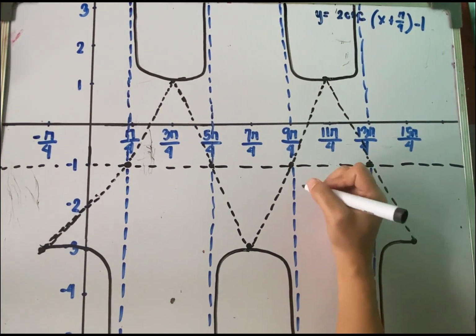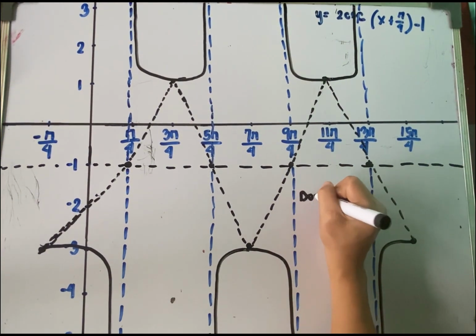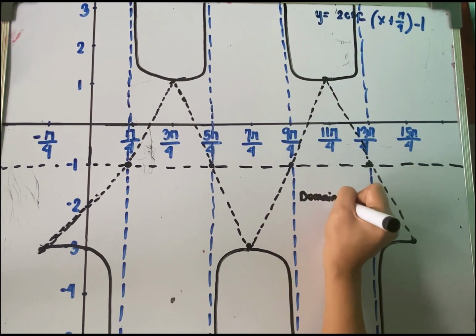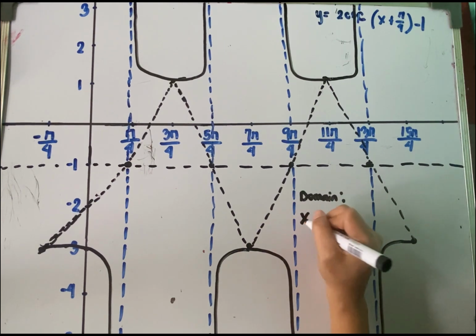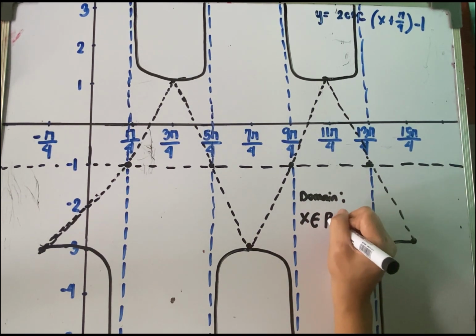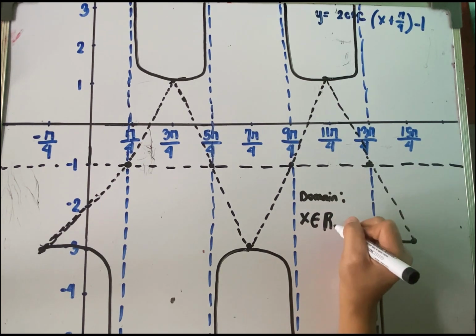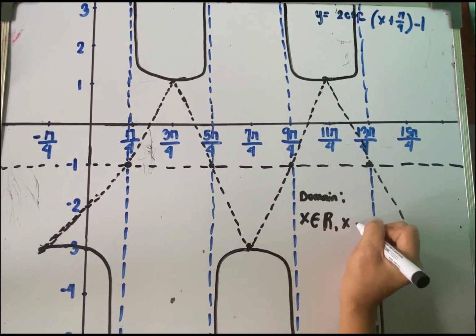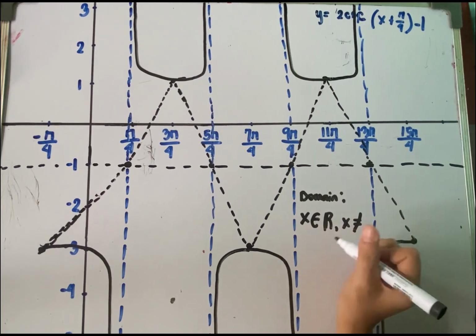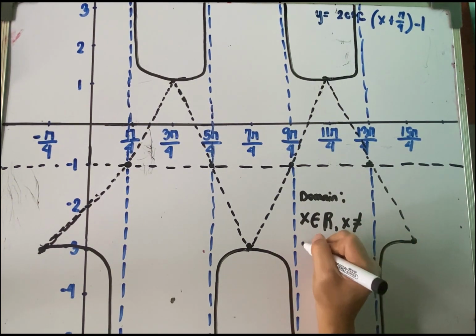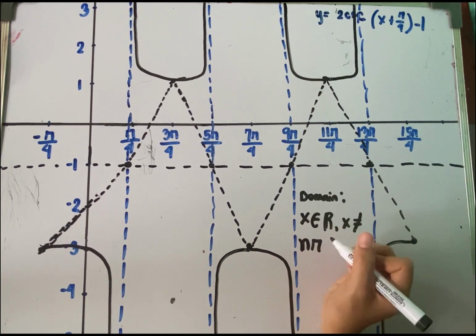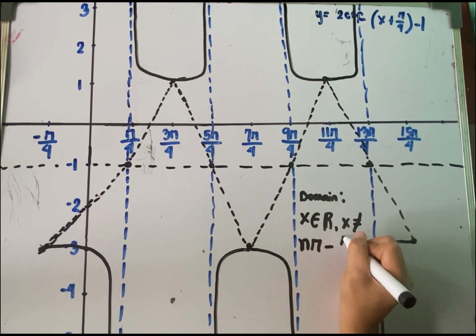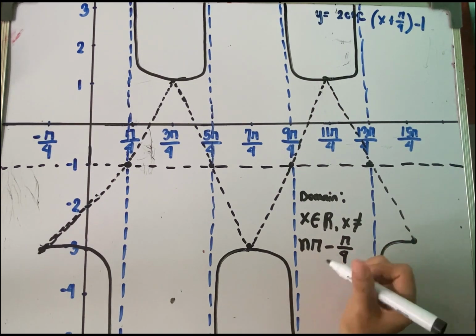Since we are done with our graphing, now let's move to writing our domain and range. For our domain, x is an element of any real number where x is not equal to n pi minus pi over 4.